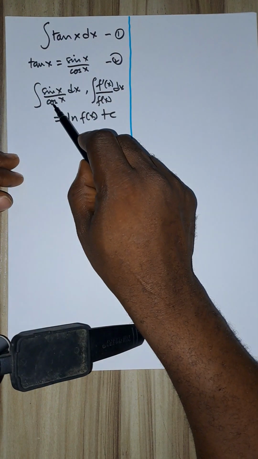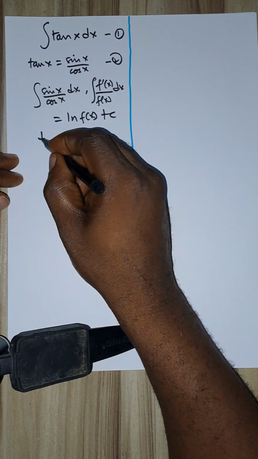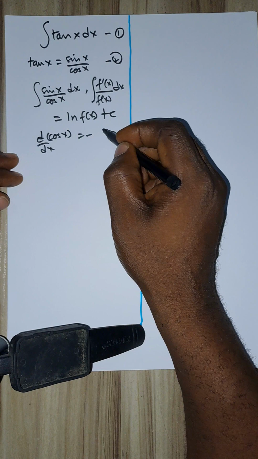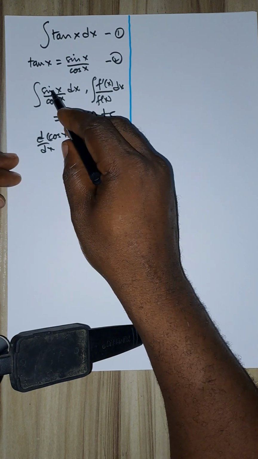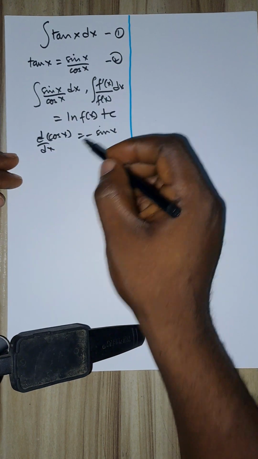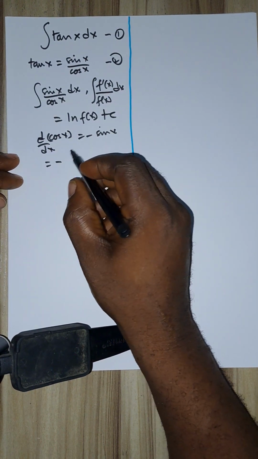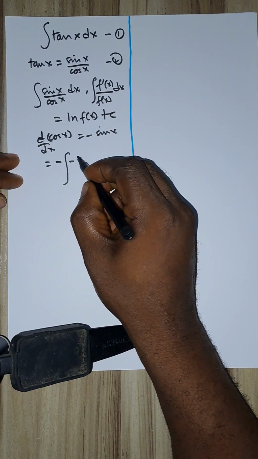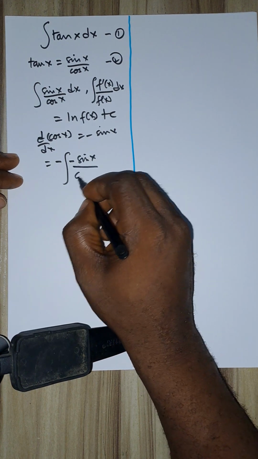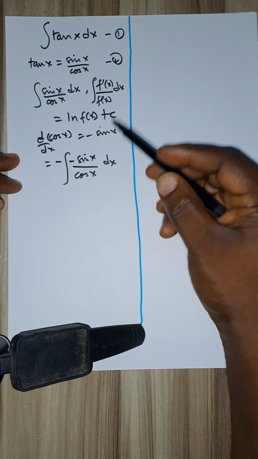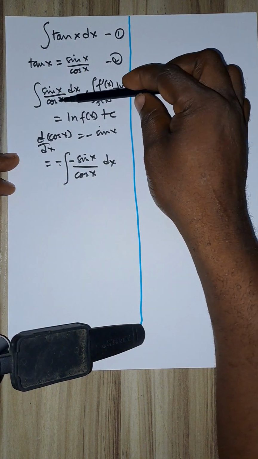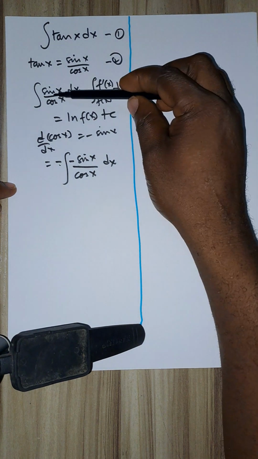Now, the derivative of cosine x is negative sine x, so it doesn't give us exactly sine x but negative. So we multiply by a negative and put a negative in there, all over cosine x dx. Why? Because we've not changed it. Negative times negative is positive, so we get back the original function.